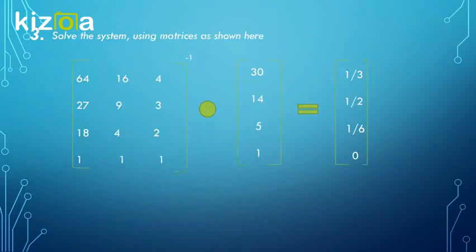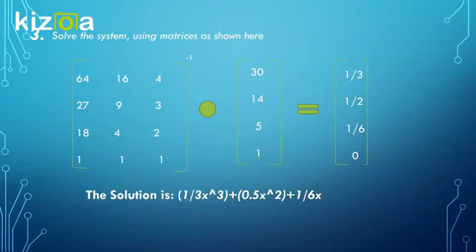You will solve the system using matrices. As we see here, we overlay it, raise it to the power of -1, then multiply it by the s values, and then we get a result: 1 over 3, 1 over 2, 1 over 6, and 0. This means that our solution is 1 over 3 x cubed plus 0.5x squared plus 1 over 6 x. That's a lot to say.